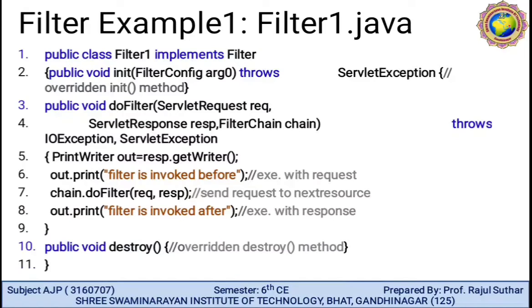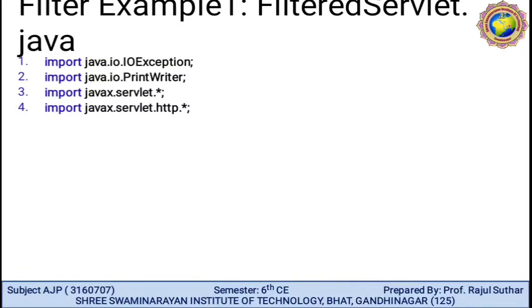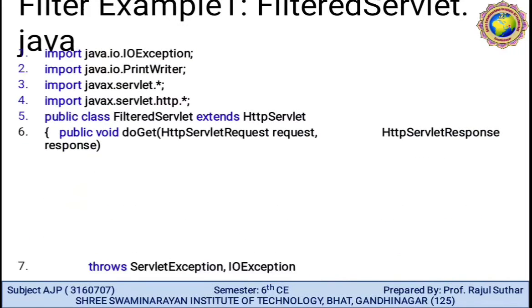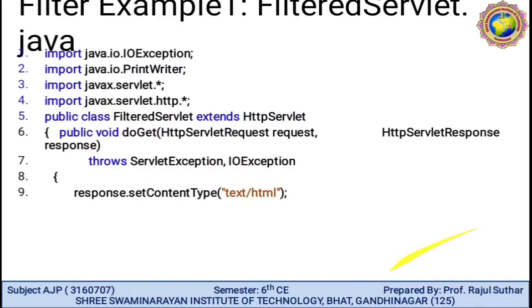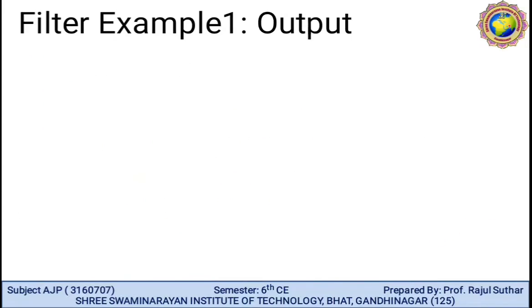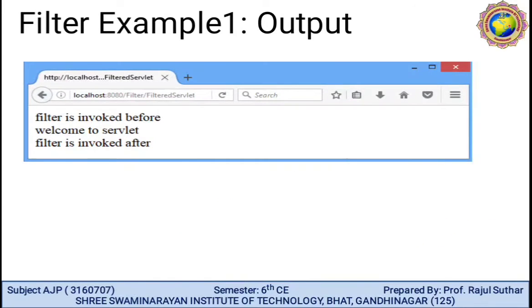So finally we require the destroy method, to clean up or for garbage collection. Override the destroy method. This is a simple program we already discussed. So this is the output: filter is invoked before, welcome to servlet, and filter is invoked after.